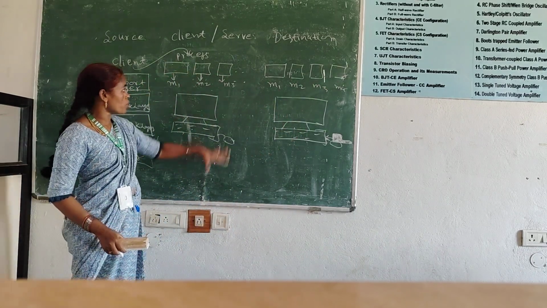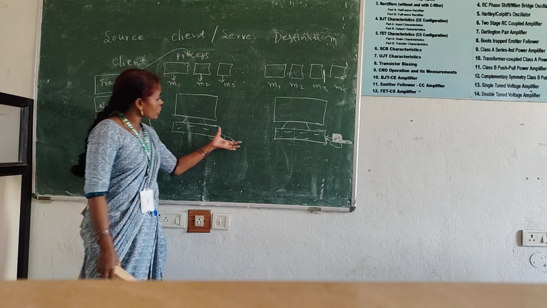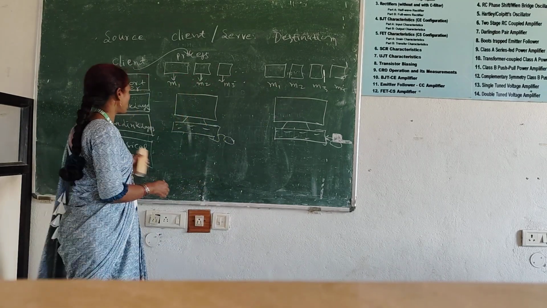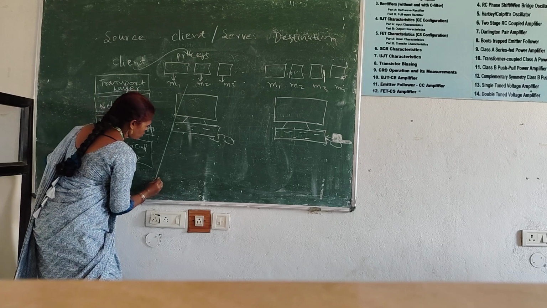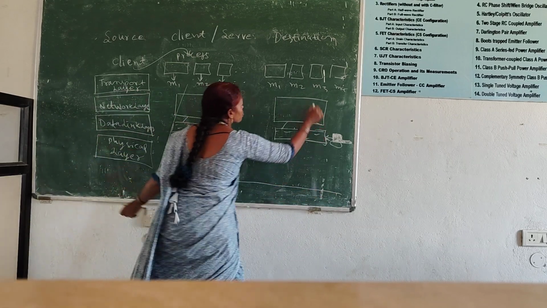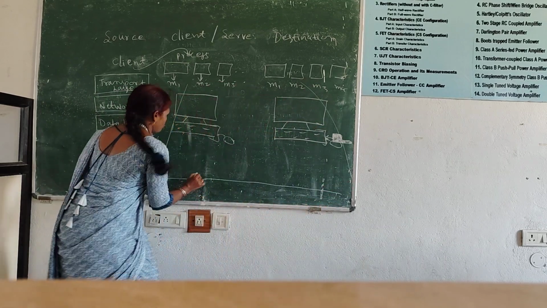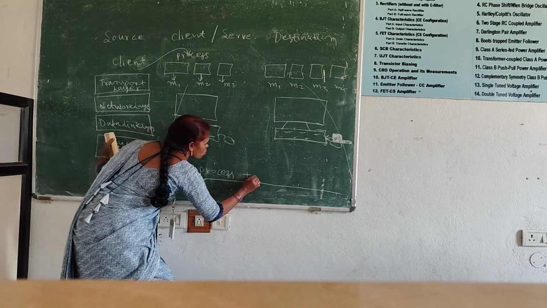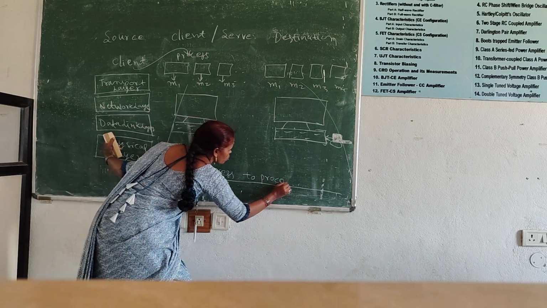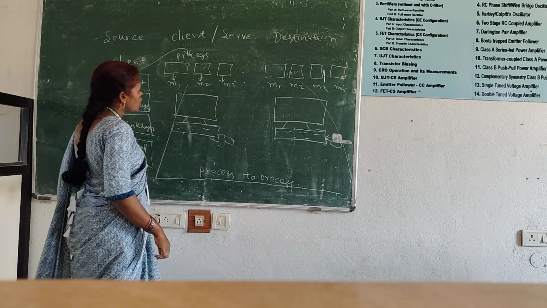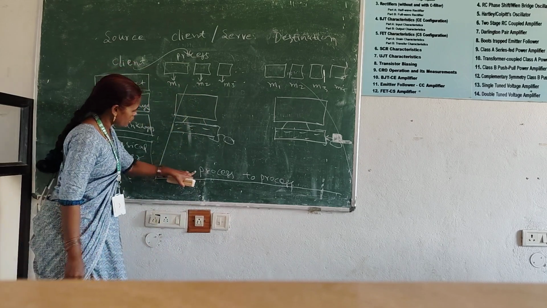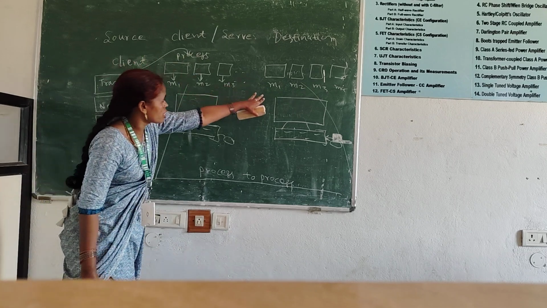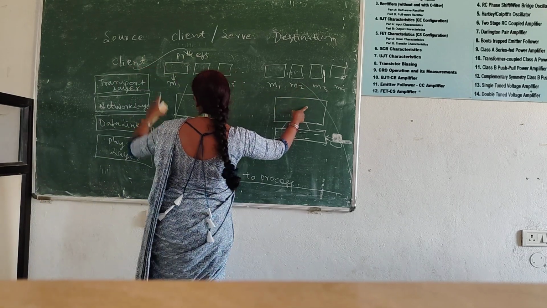So what is the transport layer? The data is transferred from process to process. The data travels from the client side to the destination side.